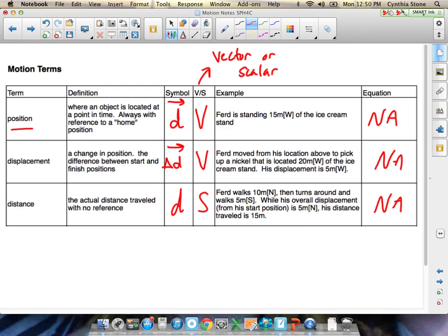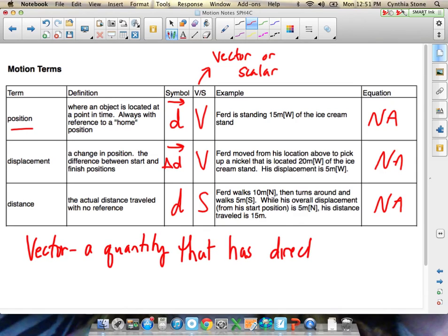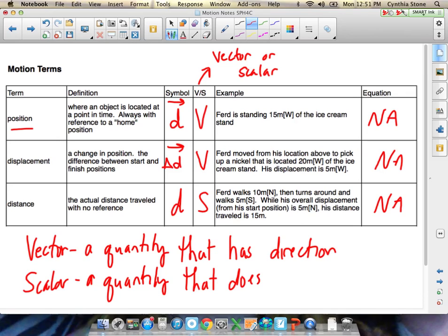I'm just going to take this second now to say a vector is a quantity that has direction, and a scalar is a quantity that does not have a direction. You can tell a vector from a scalar a few different ways. First of all, the first way is this arrow.